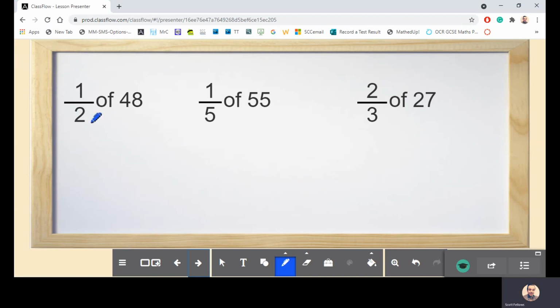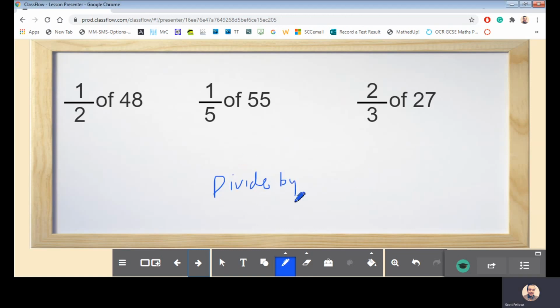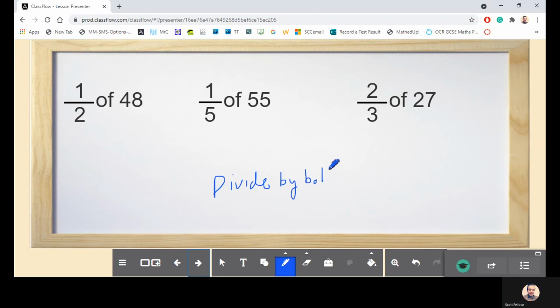So half of 48. To work this out, remember the rule is for fractions, you divide by bottom, and then you times by top.